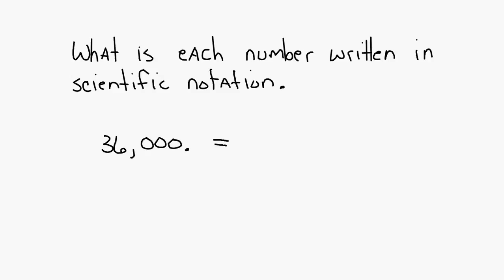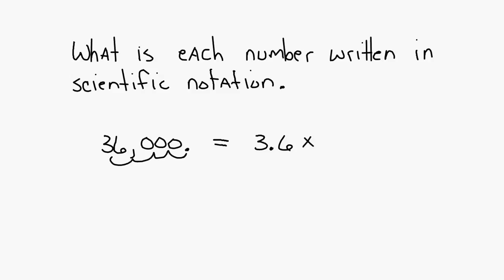Agreed? If it's not given, it's at the end. So you've got to rewrite this so that your first number is between 1 and 10. So this decimal place has to get moved 1, 2, 3, 4 places to the left, doesn't it? When you move the decimal 4 places to the left, then this 36,000 becomes 3.6.